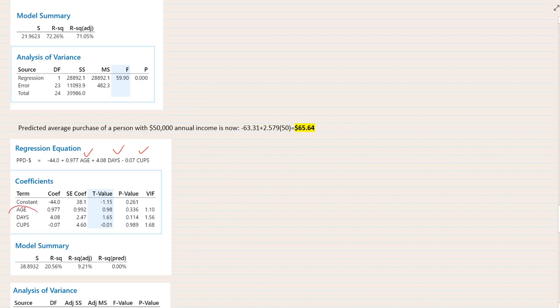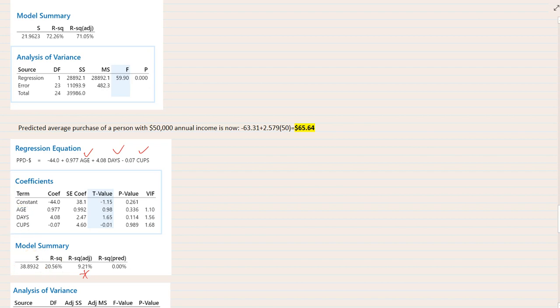So with just age, days, and cups, look at our R-squared and adjusted R-squared, how poor that is. 9% of variation in the amount of prepaid cards purchased at Starbucks is explained by age, days, and cups. So those are not good predictors for purchase. And our standard error is now almost $40, used to be $22.